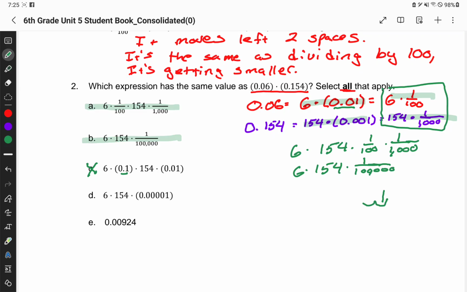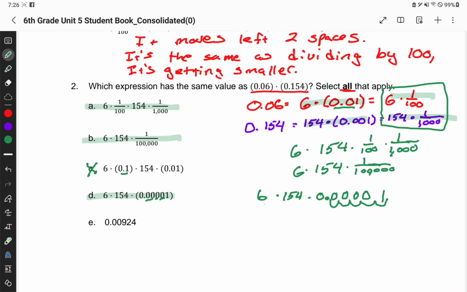So that's 0.00001, 1, 2, 3, 4 zeros. So this works. Because we have 6 times 154 times 0.00001.